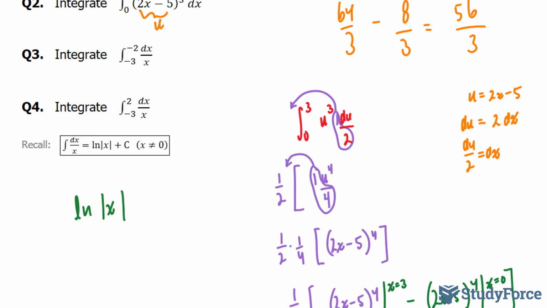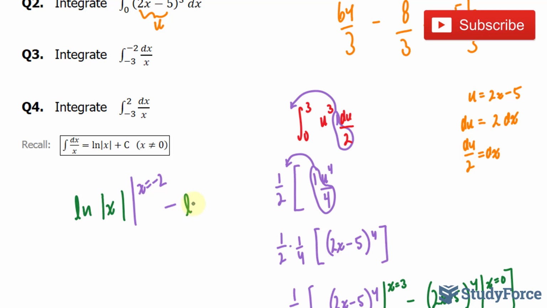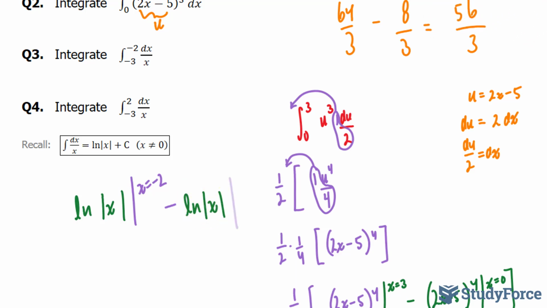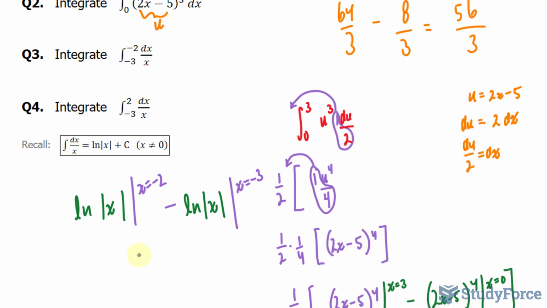And now I'll evaluate this at x is equal to -2 minus ln absolute of x at x is equal to -3. I'm going to use my calculator for this. Ln, and the absolute of -2 is 2, minus ln when x is 3. The absolute of -3 is 3. This gives us -0.4054.